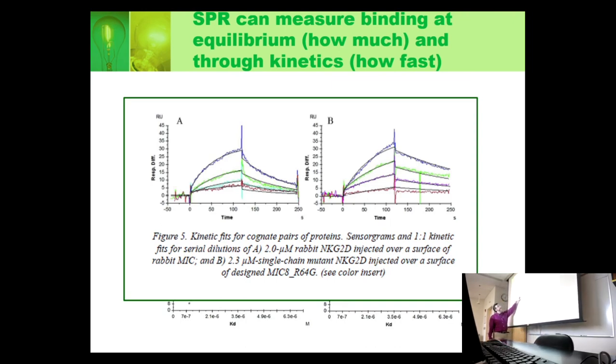So you have the injection here, on rate, off rate. Comparing these, this one looks slightly stickier than the other one, but they're pretty much the same. These are two very different proteins, but it's showing that this one's probably slightly tighter binding than the one on the left.